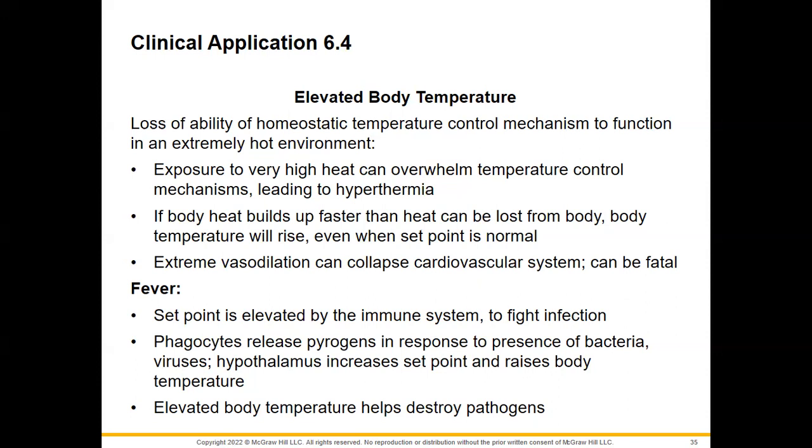Phagocytes recognize that there are invaders in the area and gobble up the bacteria and viruses, but in response, they release these chemicals that help increase the body's set point. That elevated temperature is part of the body's way of destroying pathogens, organisms that want to cause disease.